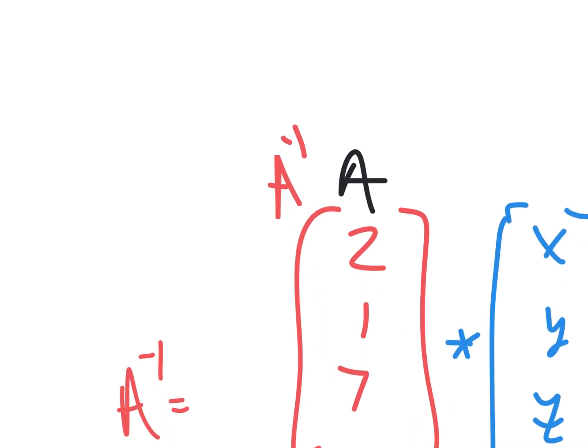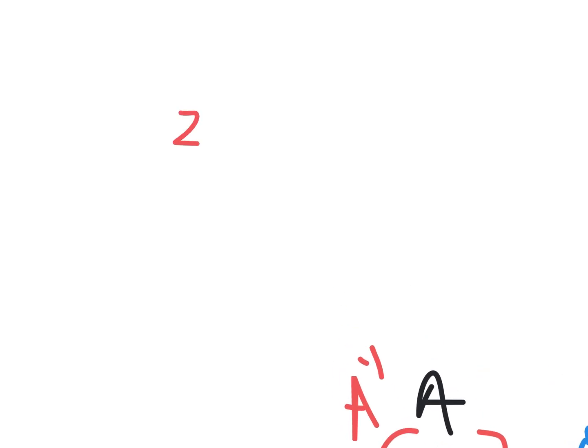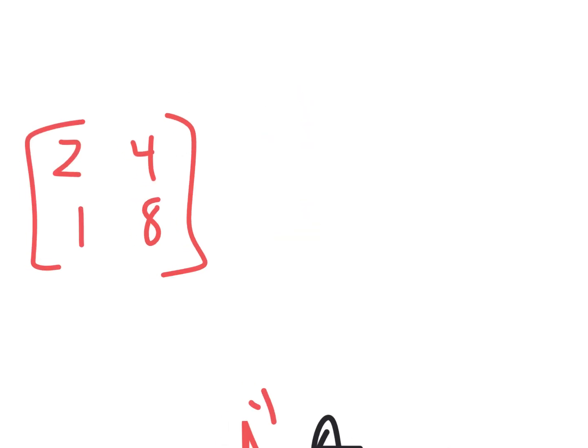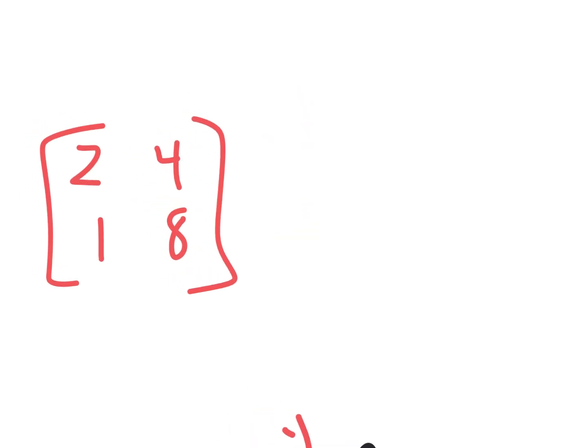All right, now I'm going to have you put in a new matrix. This one, we're going to make it 2, 1, 4, 8. Now it's a 2 by 2 matrix. Put that one in your calculator. If this is matrix A, and it's a 2 by 2 matrix, do you remember that deal?